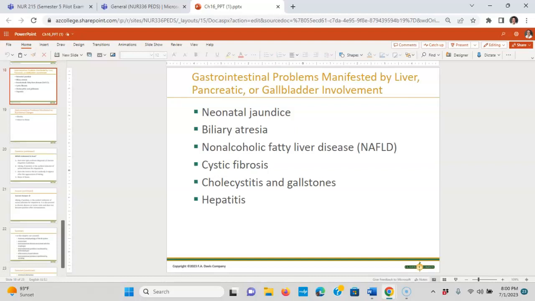So some symptoms: jaundice, pain in the right upper quadrant, dark urine, light-colored stools, petechiae, spider hemangiomas. Diagnostic testing, again, know how they're developed and transmitted. So again, vaccines for hepatitis A and B. You may have those already.